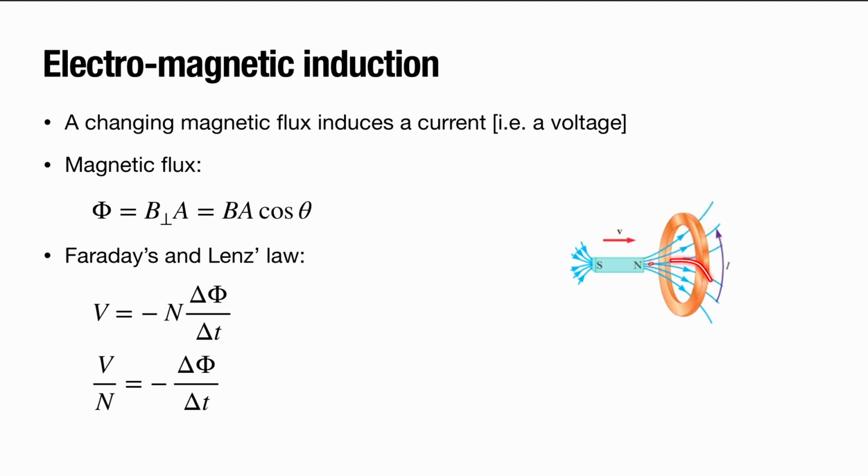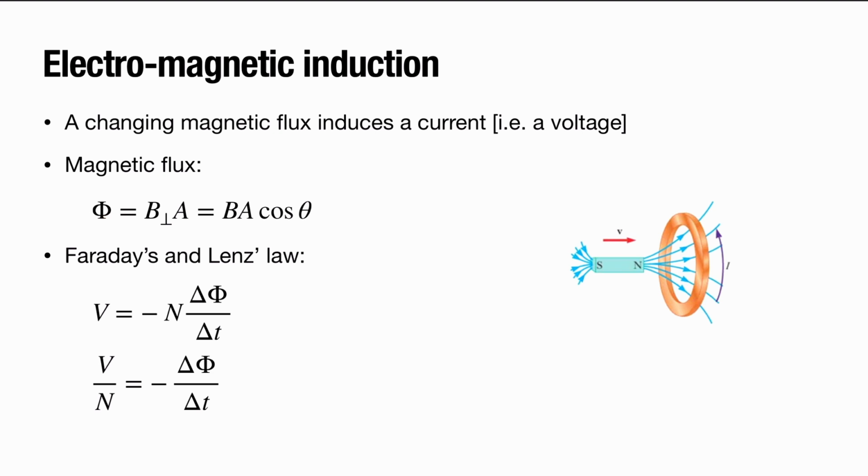These are the magnetic field lines. The more magnetic field lines, that is a pictorial representation of a larger magnetic field. So flux is essentially the number of magnetic field lines passing through a given area. If we have a lot of magnetic field lines passing through a given area, we will have a large magnetic flux.